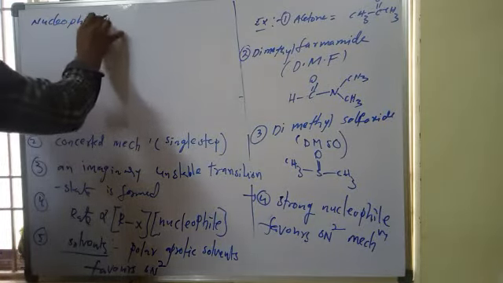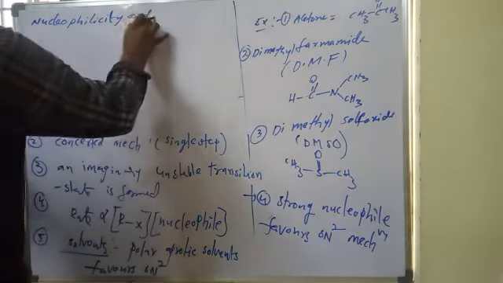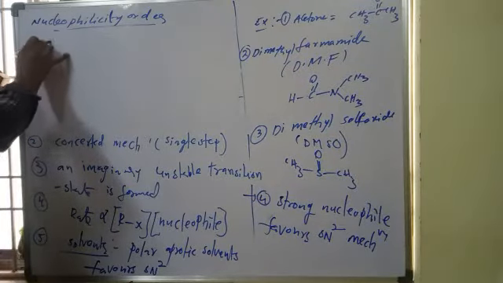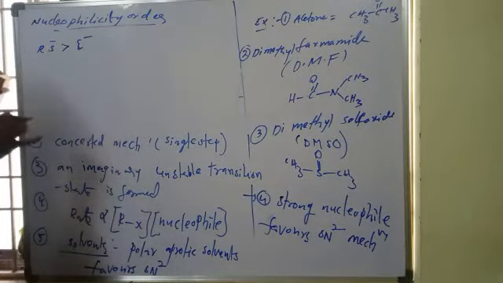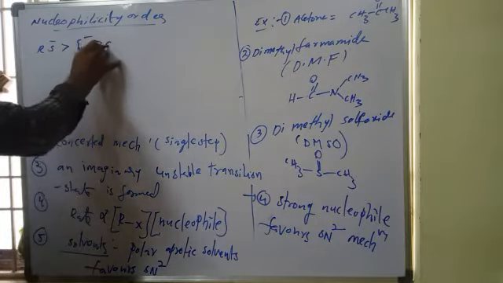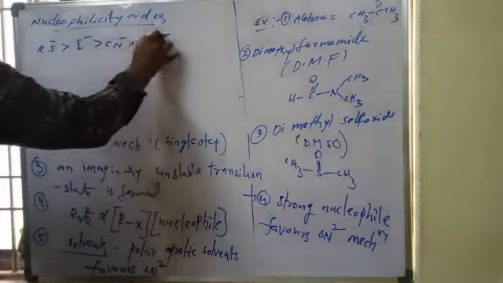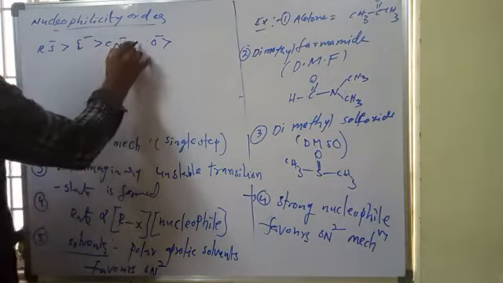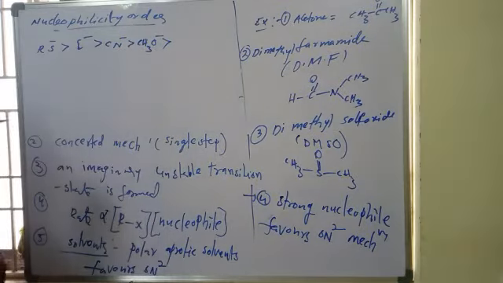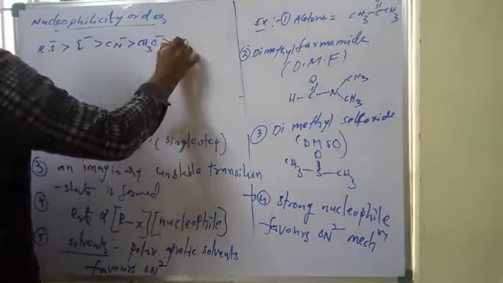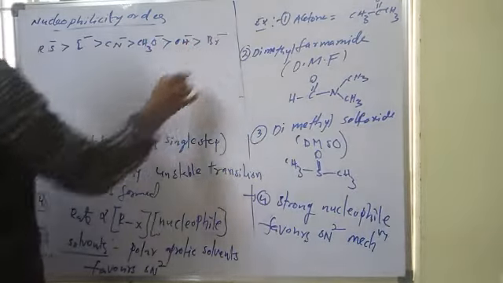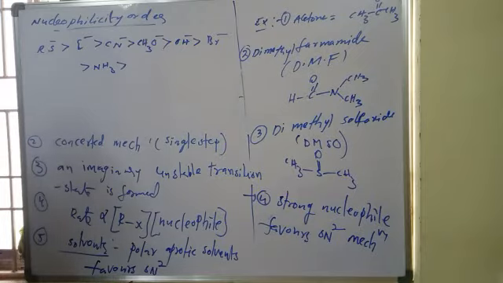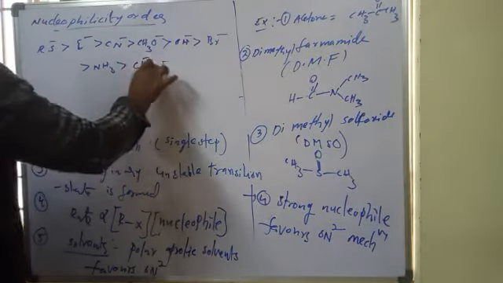Nucleophilicity order: RS minus is a good nucleophile, then iodide and CN minus, then RO minus, alkoxide, generally methoxide, and also OH minus, Br minus, next ammonia, and Cl minus, and F minus.